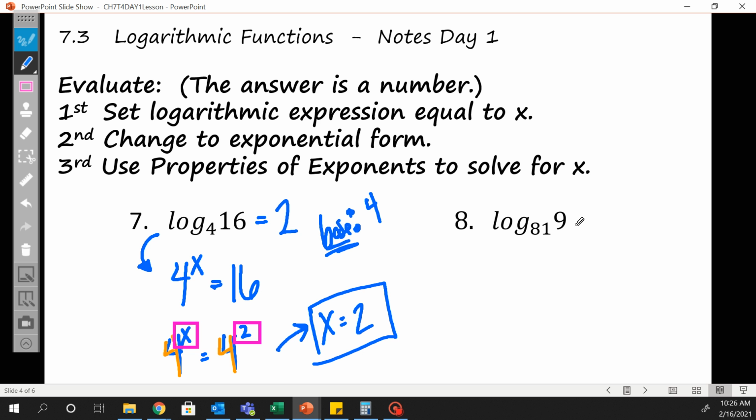Number 8, log with a base of 81 of 9. So first we set it equal to x. Next we change it to exponential form. So 81, the base, raised to the x power is equal to 9.